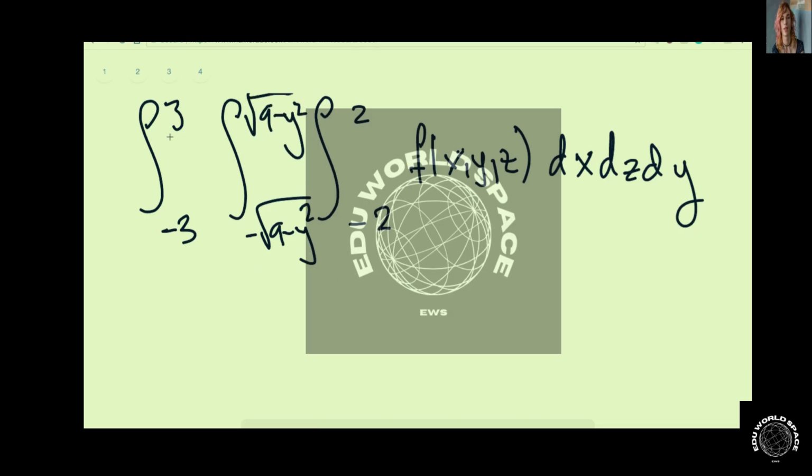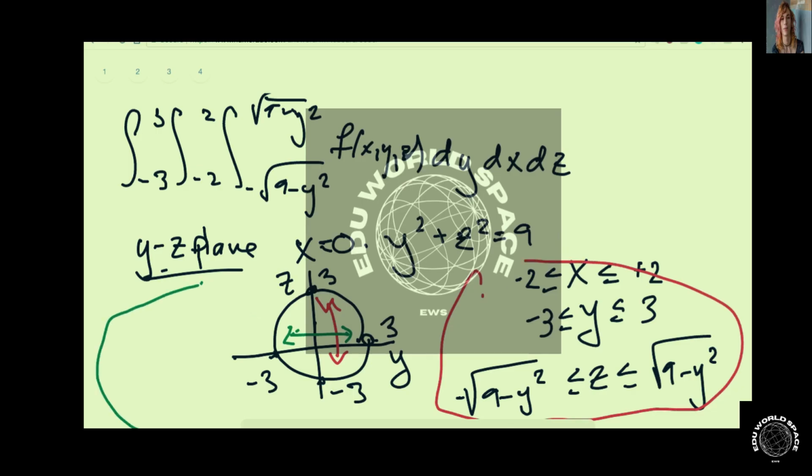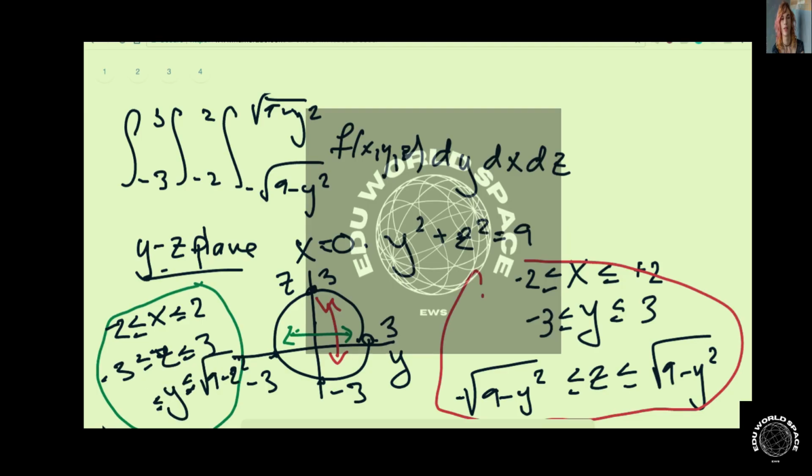Okay? And then if we treat this as region 2, so this is region 1 here. As region 2, I'll just do it over here. It looks very, very similar. Our x's are still ranging between 2 and -2. Our z is now ranging between 3 and -3. And our y is now ranging between the square root of 9 minus z squared and negative square root of 9 minus z squared.